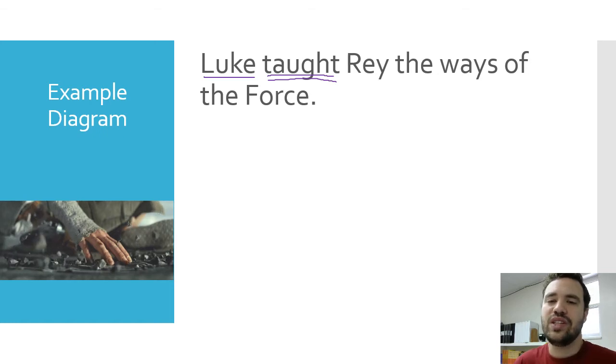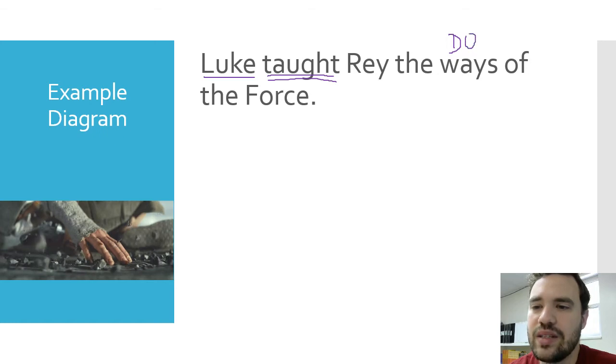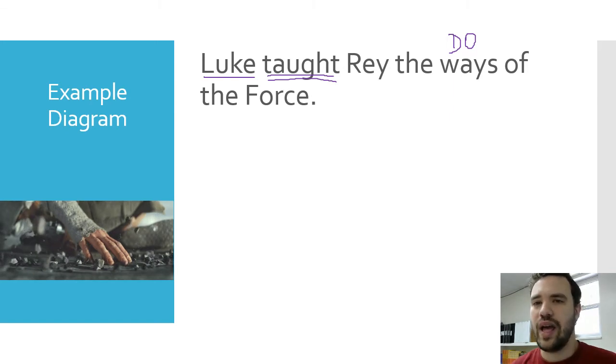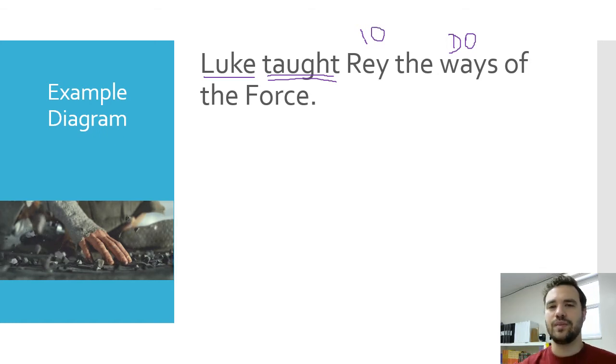Well, Luke really taught the ways of the force. And so ways is going to be our direct object. And this is partly because Ray can answer the next question. Luke taught the ways of the force, to whom? Well, there is an answer to that, Ray. So we know then that Ray is the indirect object.